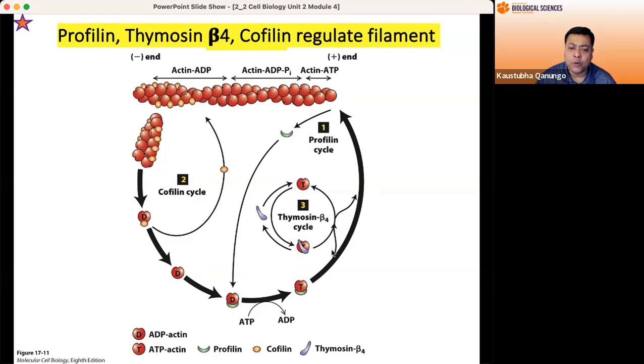And as it is a sequestering protein, it is a negative regulator of actin. A typical type of question is that in an in vitro experiment, addition of which protein will cause depolymerization of the actin. Remember that those will be your cofilin and gelsolin. If you're just doing an in vitro experiment and you add those, it's a very straightforward question.